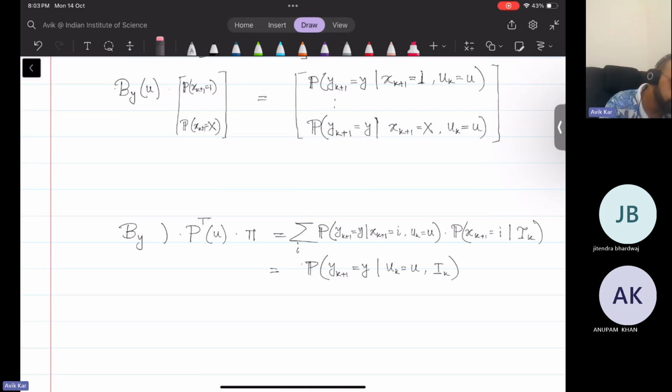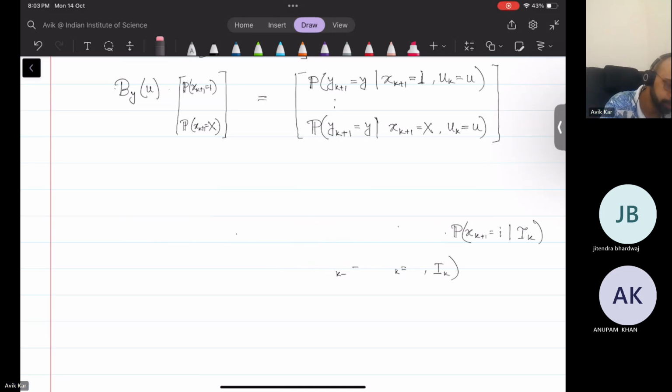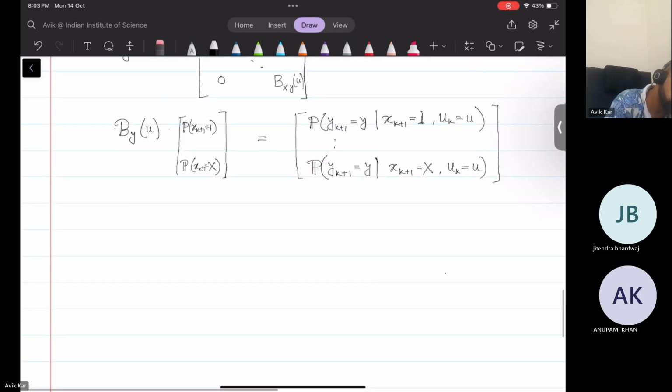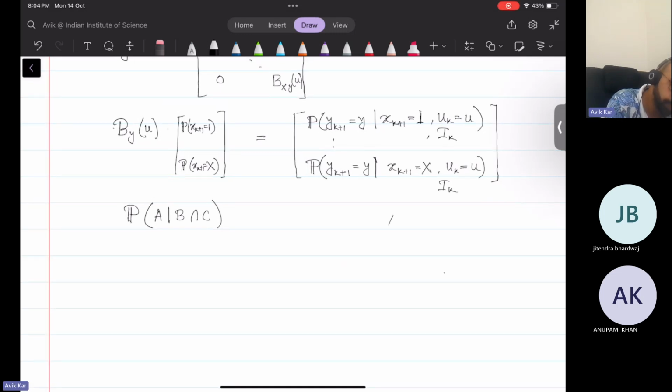Okay, great. So now we use Bayes rule. So probability of A given B intersection C we have, and information till time k is also encoded here. So here A is basically Y_{k+1} equals y, B is X_{k+1} equals x, so this remains.